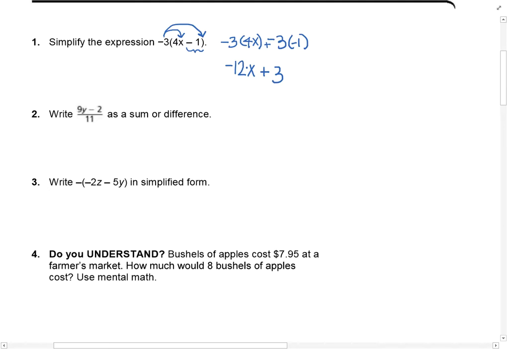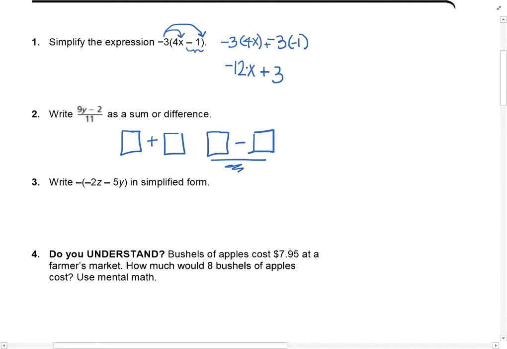Second example. Write 9y minus 2 divided by 11 as a sum or difference. Well, what they're wanting you to do is write it as one term plus another term if it's a sum, or one term minus another term, without this dividing stuff at the denominator.